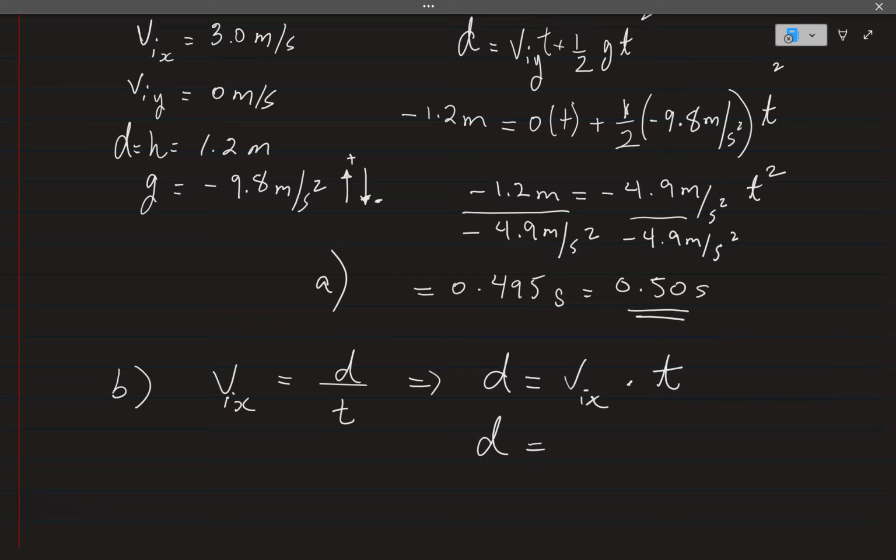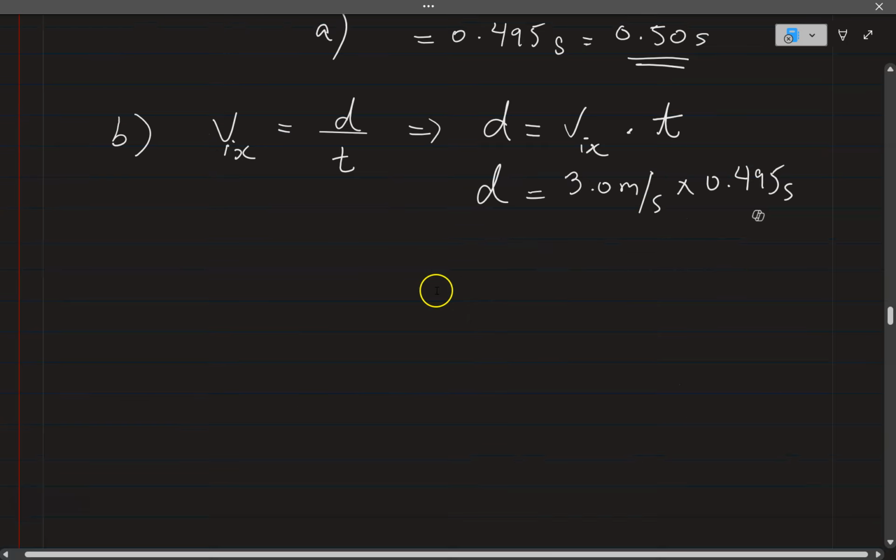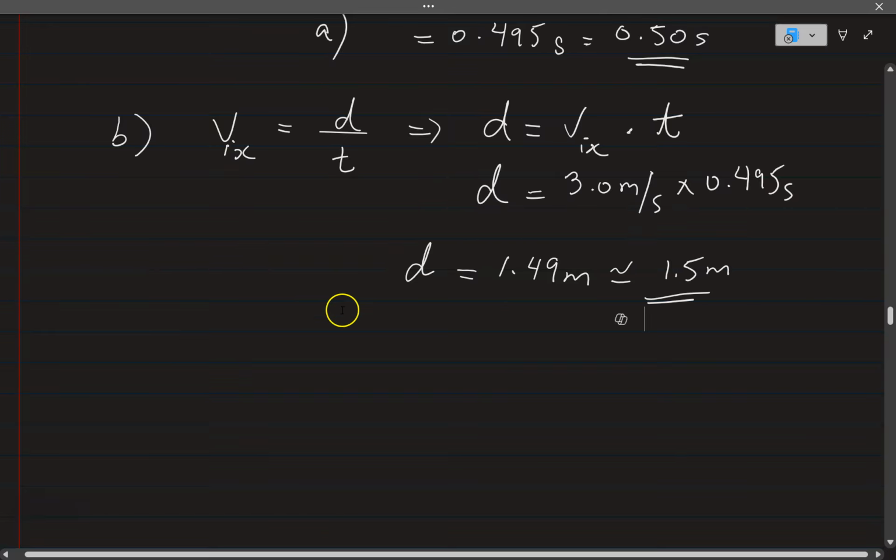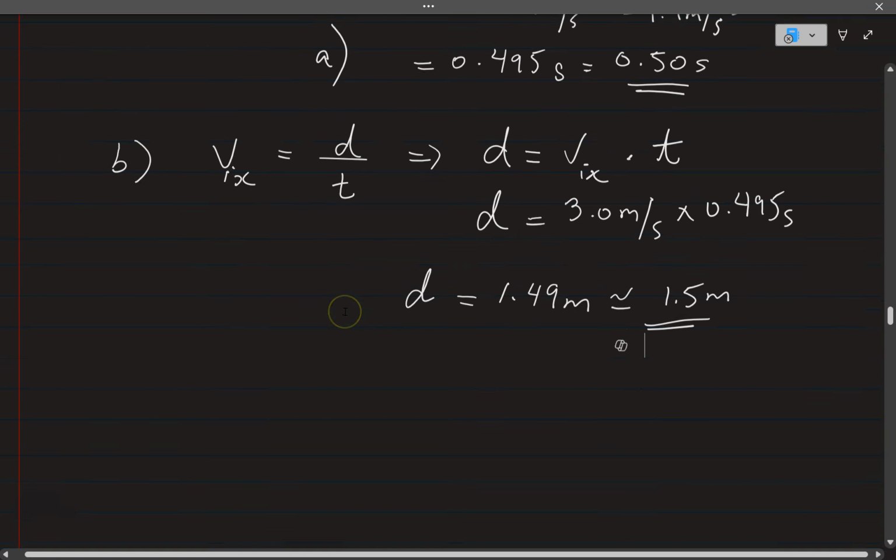The time for the vertical or horizontal, they're both the same. That time doesn't change. So the initial velocity was 3 meters per second times 0.495 seconds, and the distance will be 1.49 meters from the base of the table, or approximately 1.5. All right, that is the answer to question number 1, both answers.